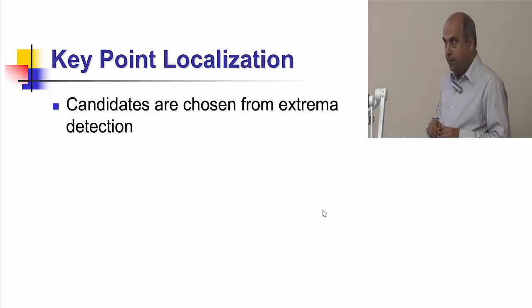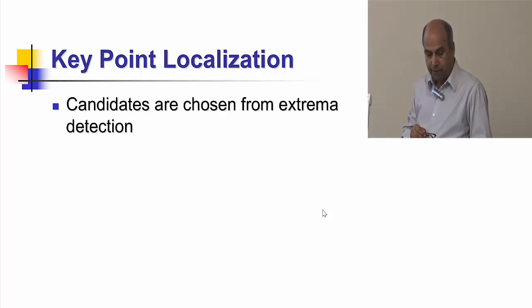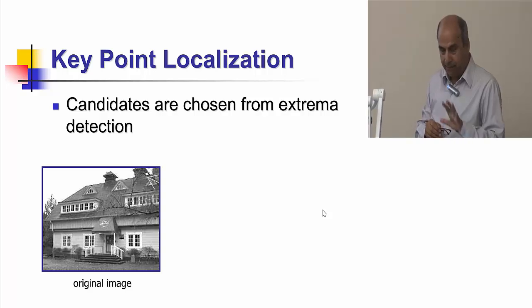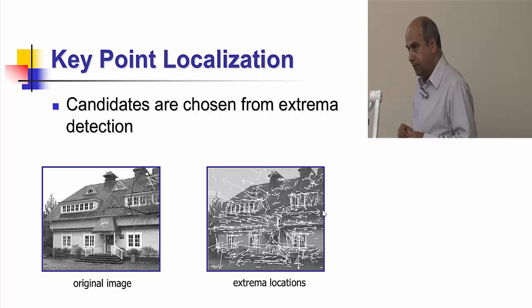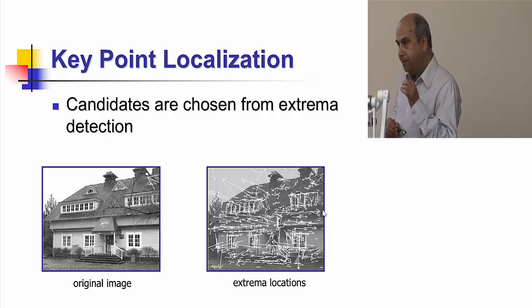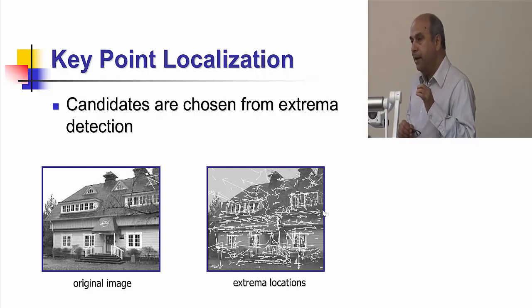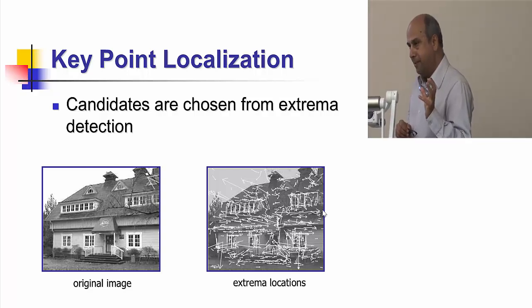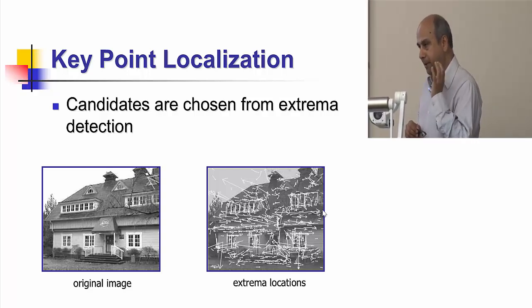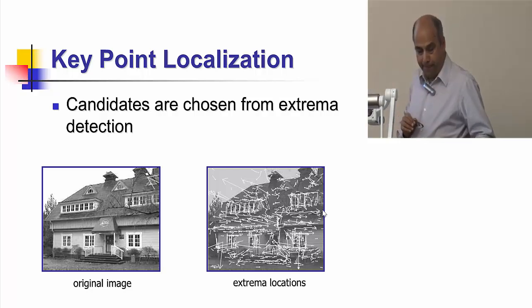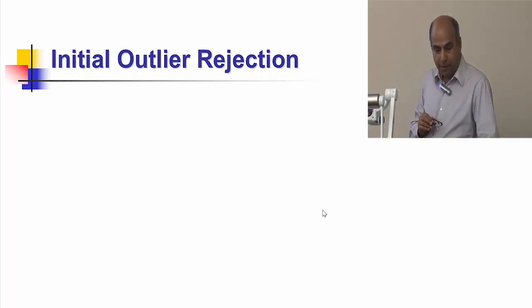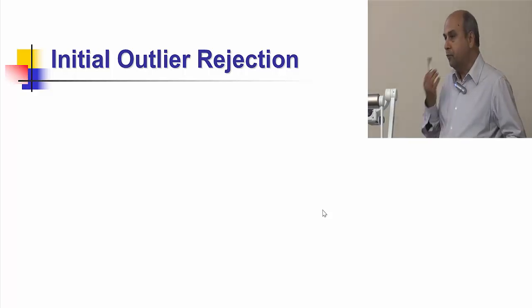The candidates are chosen from extrema detection, and suppose this is the original image, and these are the extrema locations. These are either maxima or minima in the 26 neighbors of that particular pixel, and they are shown here. There are lots of them. Now there will be some outliers which we want to reject.